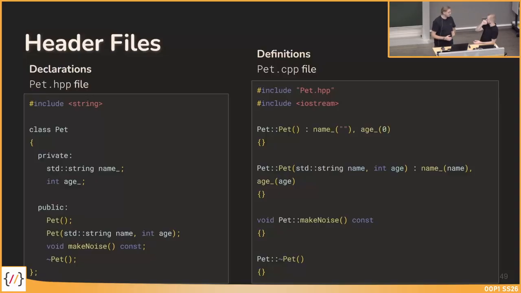Okay, one question. In the CPP file, why do I need always this pet double colon before? That's a very good question, and similar to the static, for example, that we've used, we need to define the namespace, or actually the scope of these methods, or of the constructors here, the method make noise and the destructor.